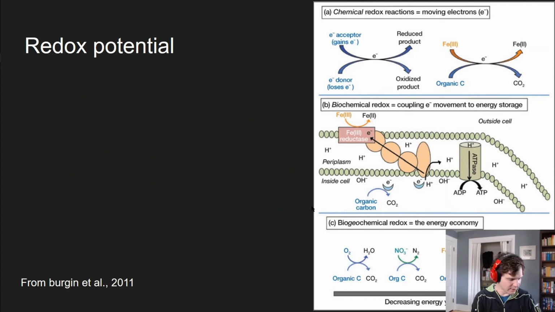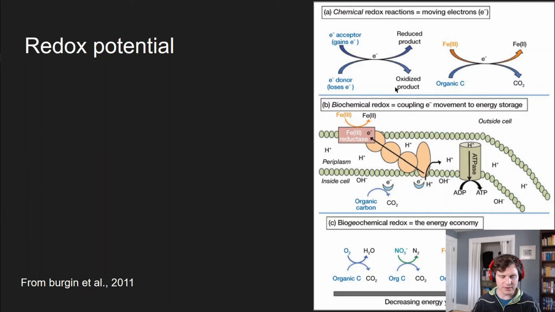There's another set of ideas, now we're getting really into the biology: redox potential also describes the amount of energy that different life forms get based on who is donating the electrons and who is the final electron acceptor.